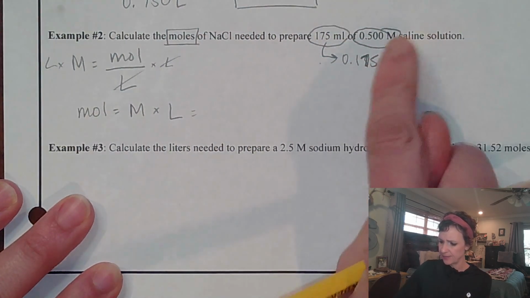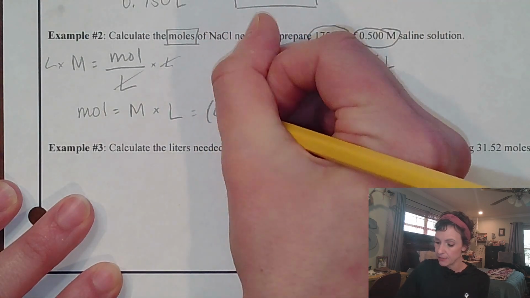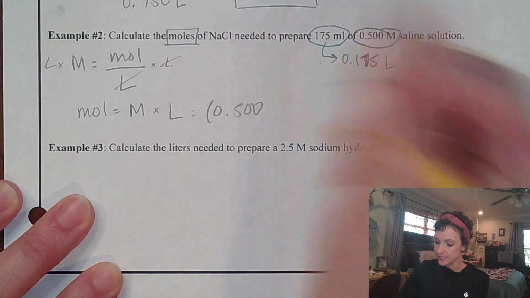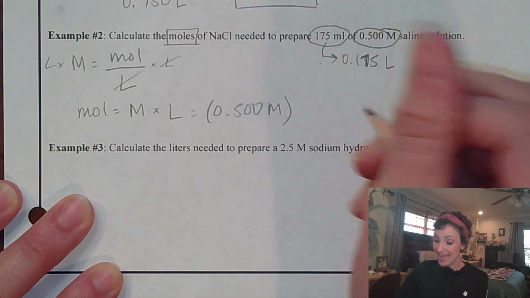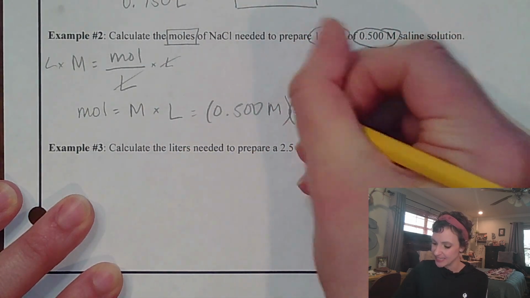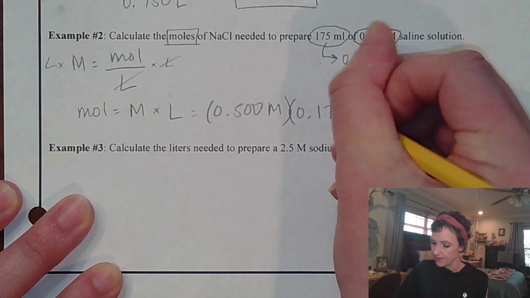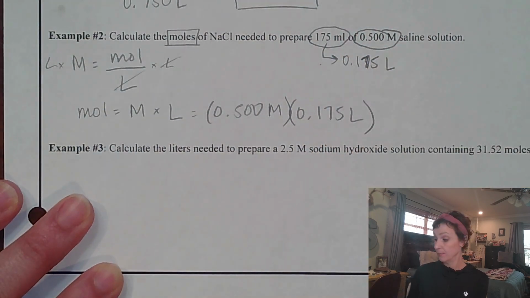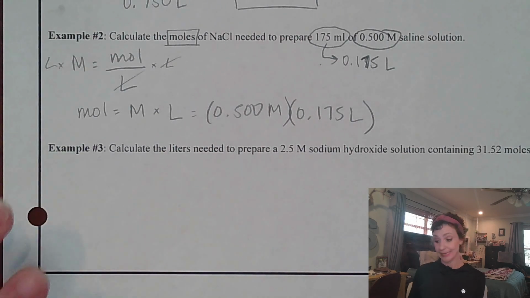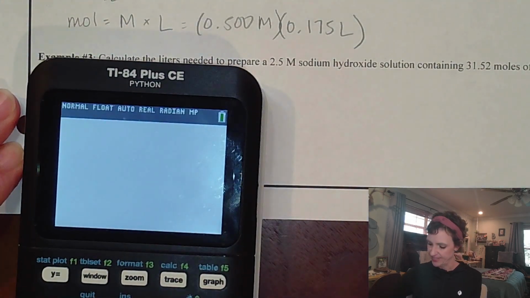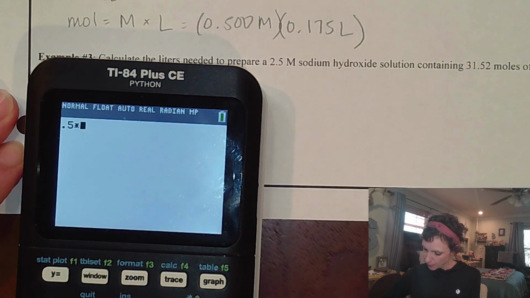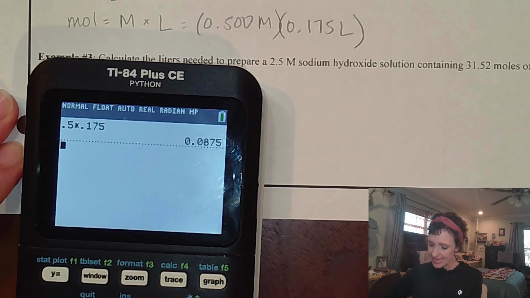We said my molarity is 0.500 molar, and my liters is 0.175 liters. If I multiply those 2 things together, I will get my answer in moles. How many moles are in that specific solution? So I go 0.5 times 0.175, and I get this.